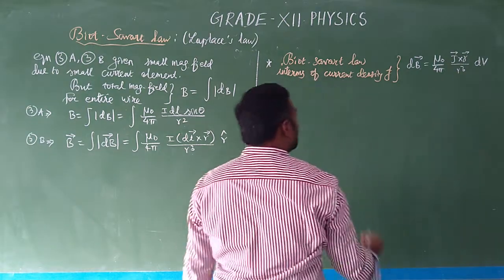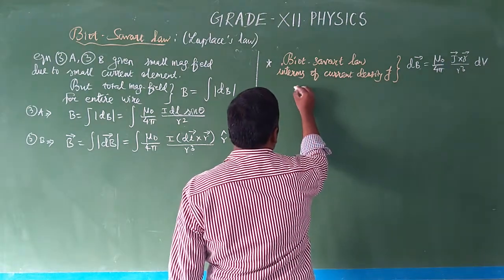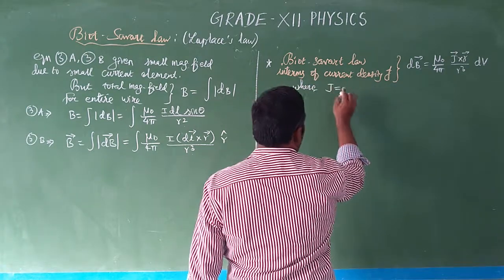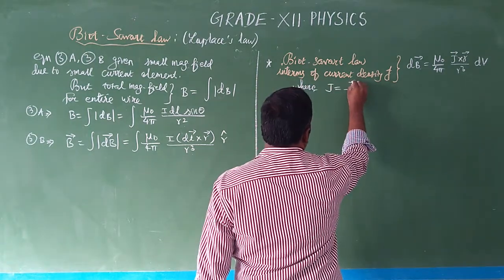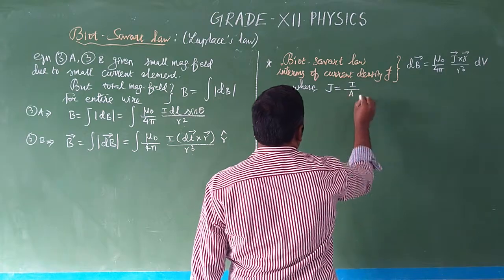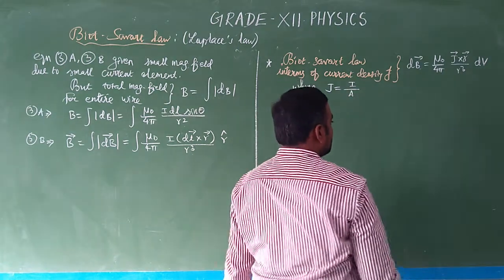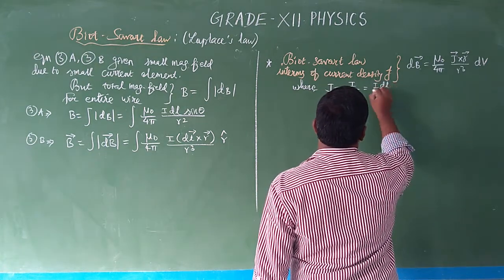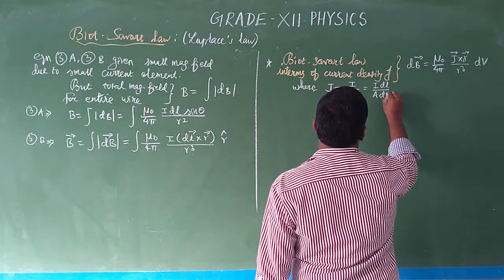So what is J? It's the current density, which we studied earlier. J is the current density, the ratio between the current and a certain area of cross section of the element. So multiply dl on both sides: I into dl divided by area into dl.